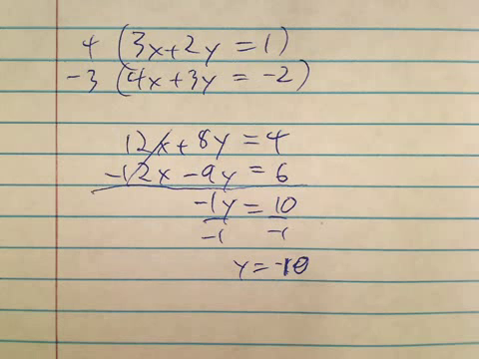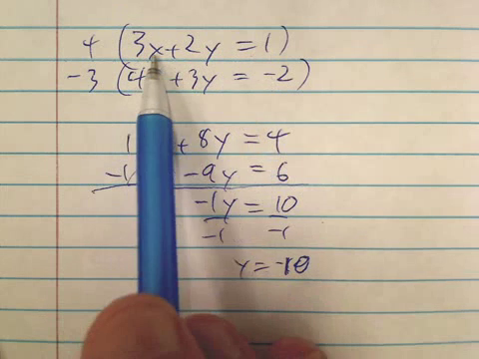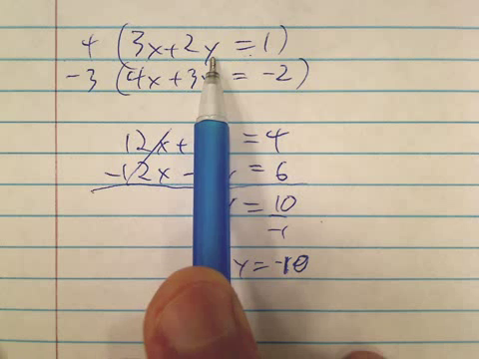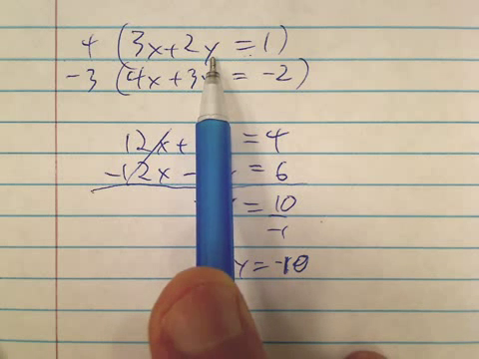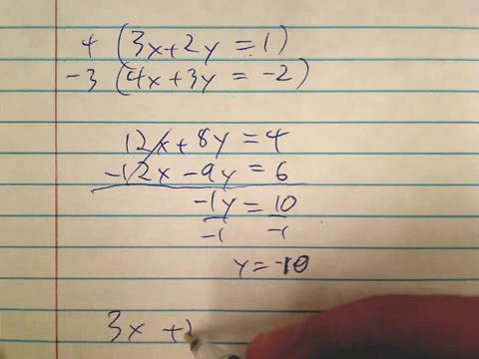And now I'm going to go back and pick an equation. I'm going to pick this equation right here just for the sake of picking something. So 3x plus 2y equals 1. And instead of y, I'm going to write what y equals. Y equals negative 10. So 3x plus 2 times negative 10 equals 1.